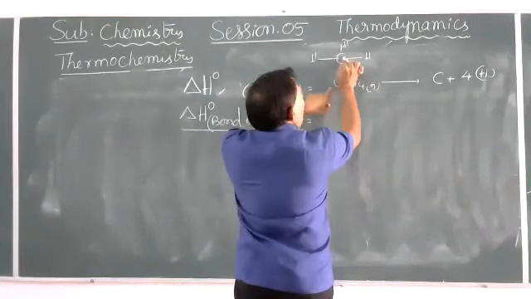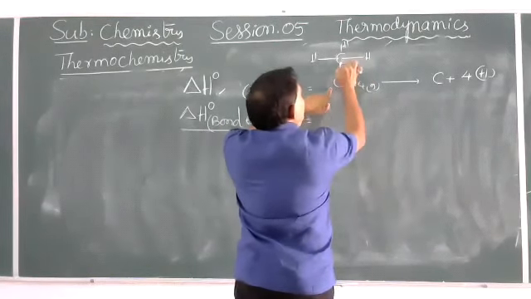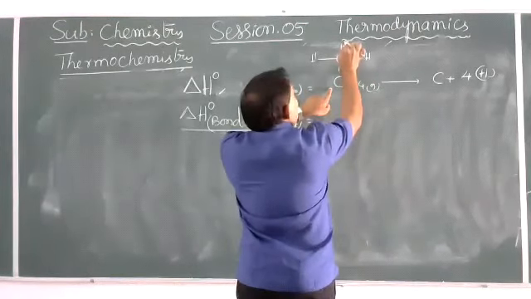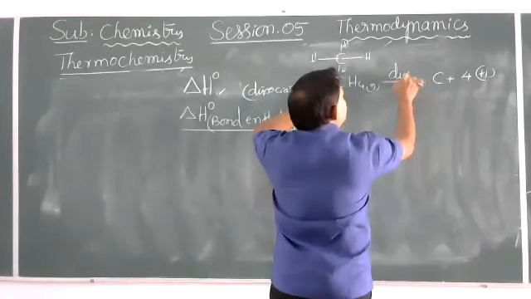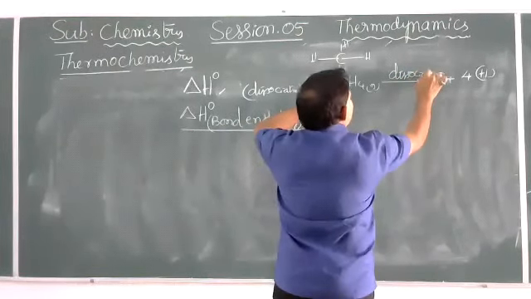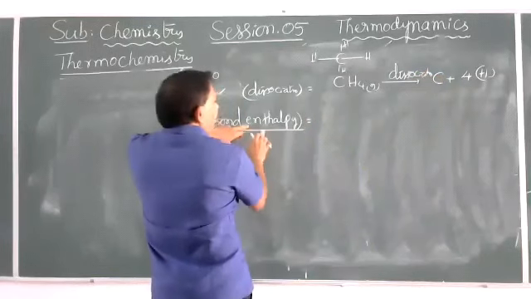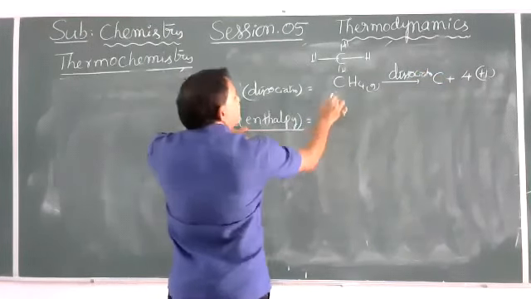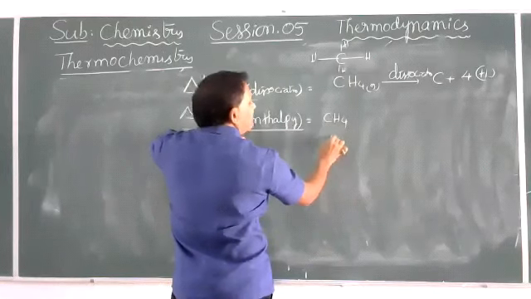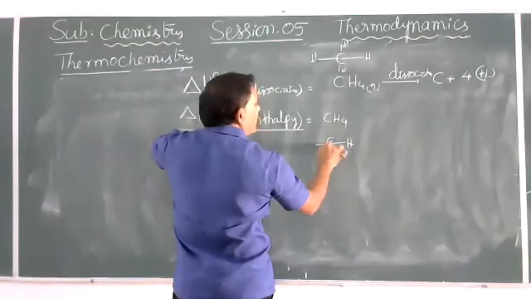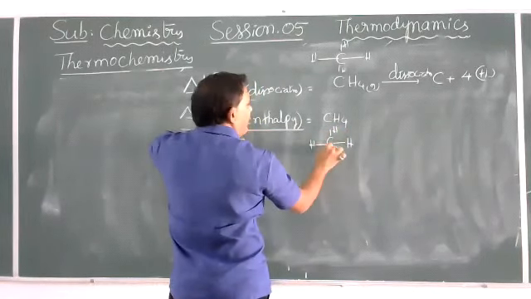To break the carbon to hydrogen bonds, some amount of energy is required, that is called dissociation. But CH4 is polyatomic because it contains 4 covalent bonds, carbon, hydrogen.